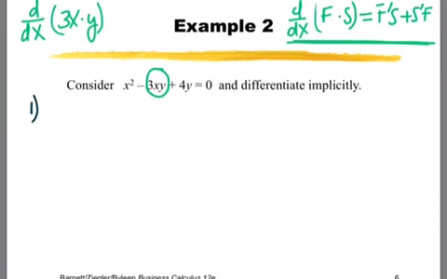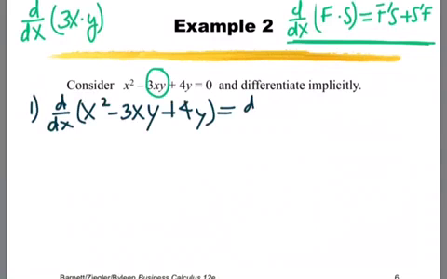So step 1, I'm going to differentiate both sides of the equation with respect to x. So I have d/dx of x squared minus 3xy plus 4y equal to d/dx of 0.